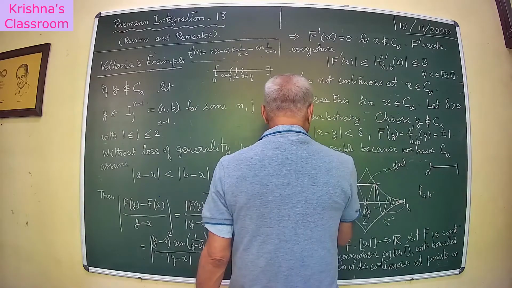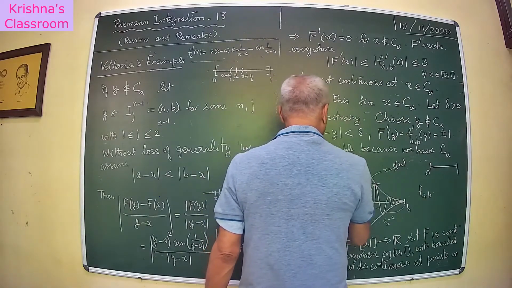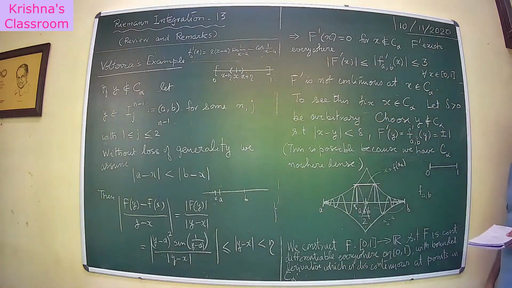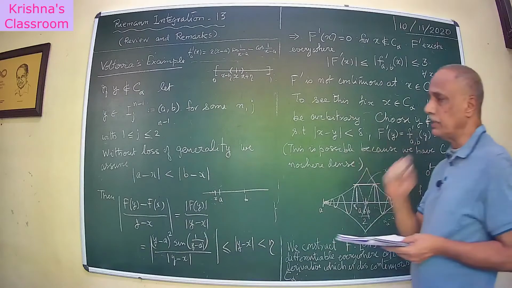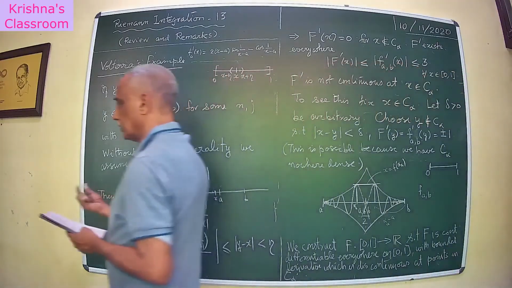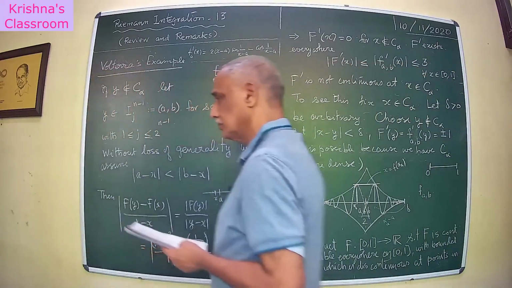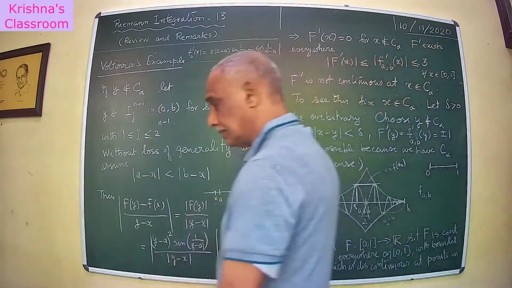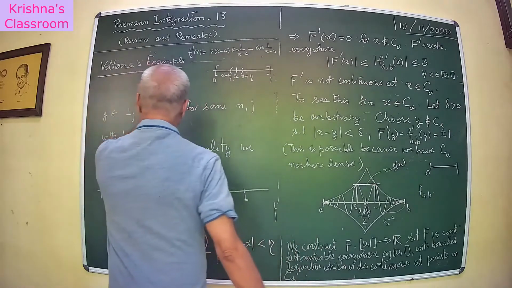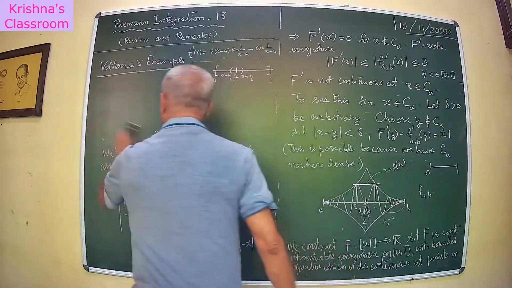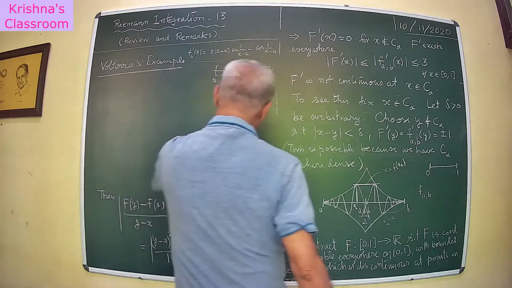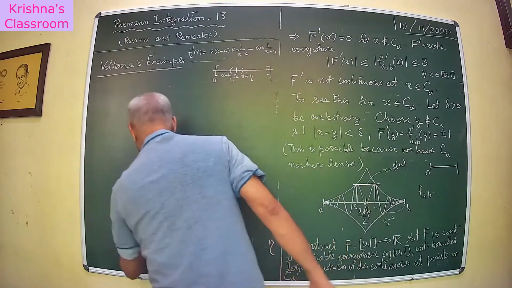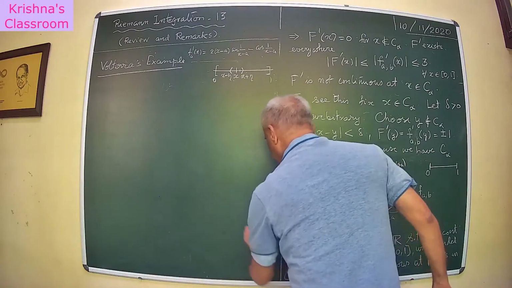What is the meaning of that? C alpha is nowhere dense means in C alpha there is no open interval completely contained in it. Therefore, you get such points. That is the explanation. And you see how we have proved that C alpha is nowhere dense. Earlier we have done that. So you can just recall that.